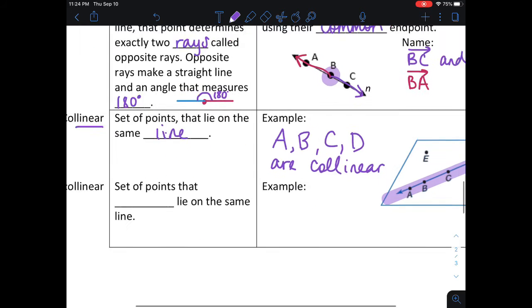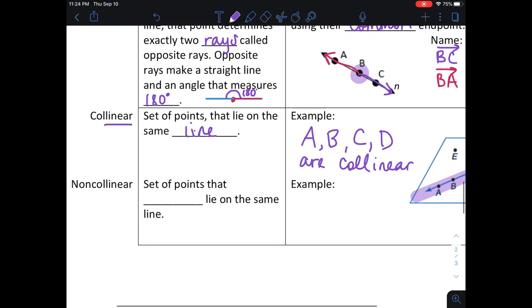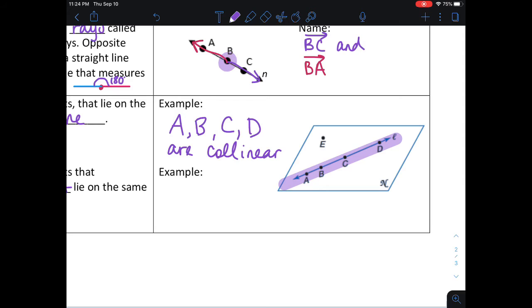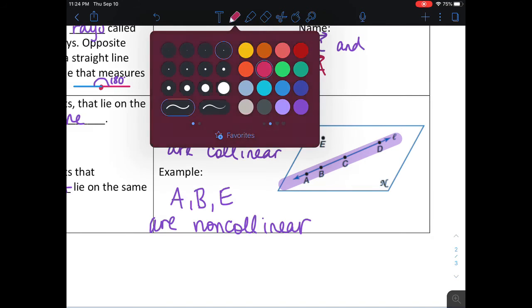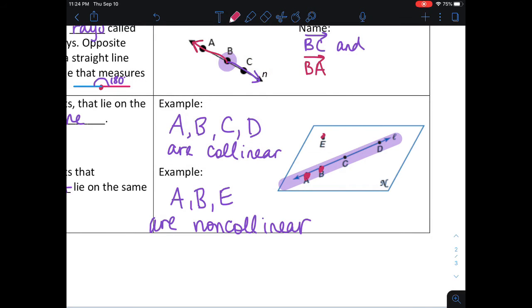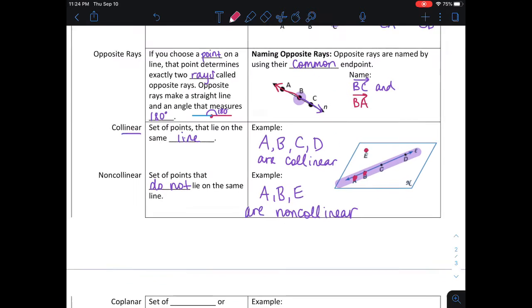Now for non-collinear, that would be sets of points that do not lie on the same line. So if we use that same example, you could say A, B, and E are non-collinear. Again, A, B, and E are non-collinear. They're not on the same line.